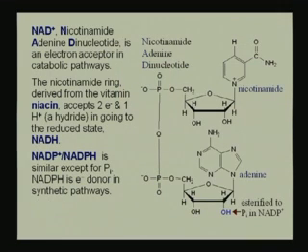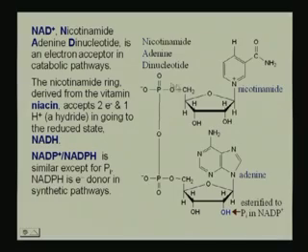What are these forms? When we are looking at nicotinamide adenine dinucleotide, a nucleotide has a single phosphate, a dinucleotide has these two phosphates, and we have a nicotinamide and an adenine.